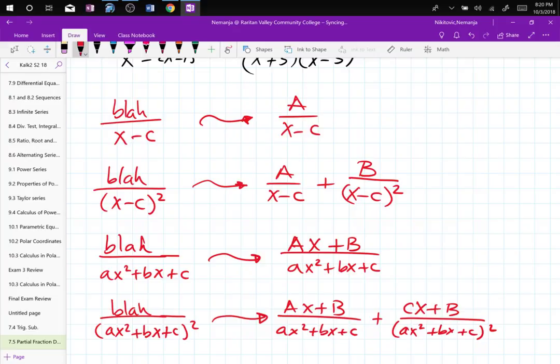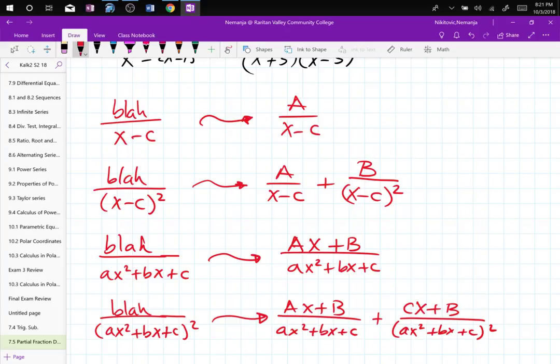If you look at these formulas, there are a lot of things that you can catch on to and memorize. When you have a linear term in the denominator, like x minus 2, x plus 5, or a single x, they all belong here. Note that it's just a constant over that.